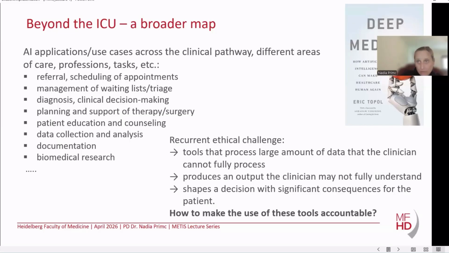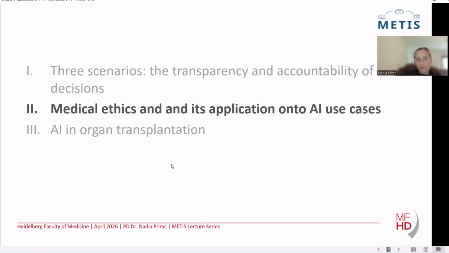It produces an output that the clinicians may not fully understand, and it shapes a decision that has significant consequences for the patients. And the big ethical question is, how do we make that process more accountable, or accountable at all?